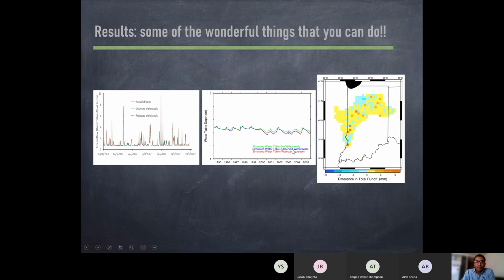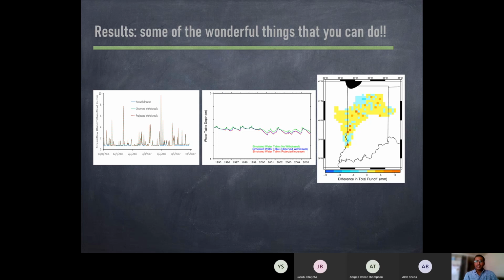So I have projected that with the projected increase in the future. If we model that for the past period, the red line at the bottom is below the other lines. That means the water level went down if there is a predicted increase in water withdrawals.